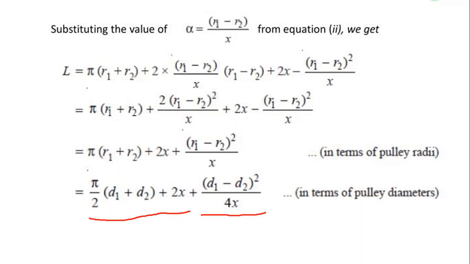So that is the length of the open belt drive.